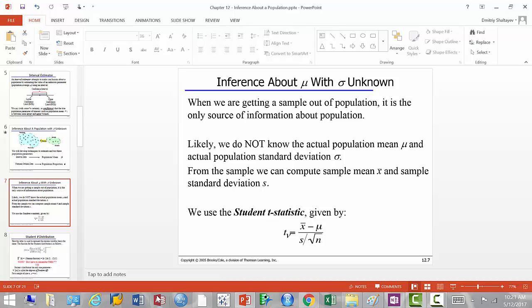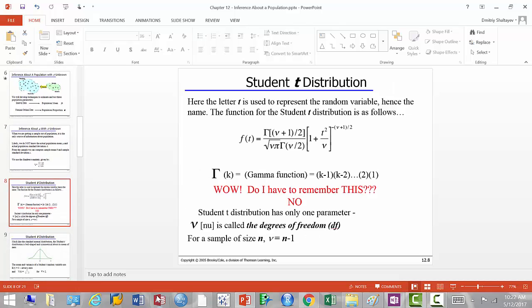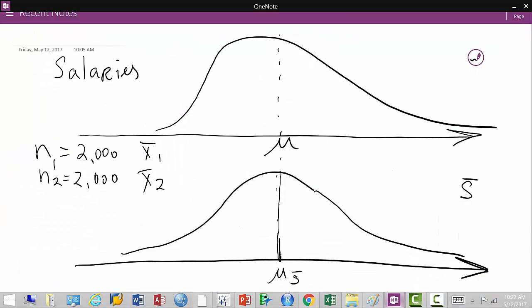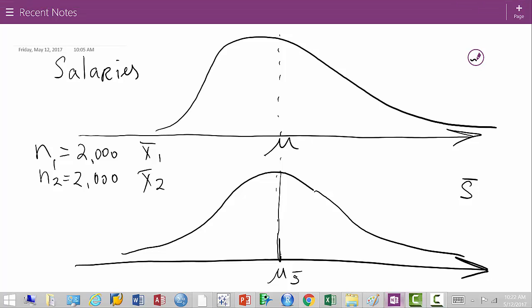Now let me actually switch over back to, this is the part where I'm going to try and explain to you how confidence interval comes into existence. Okay? All right. But first, let me ask you this question.